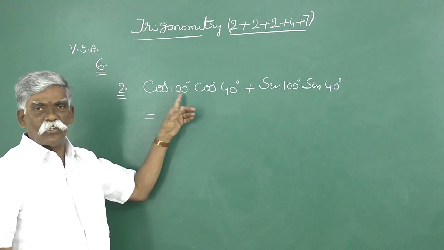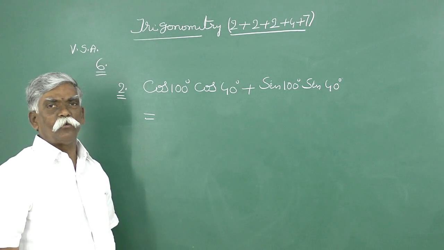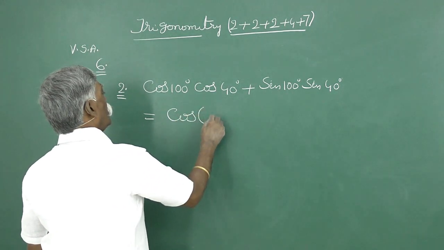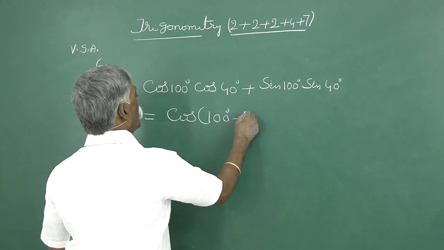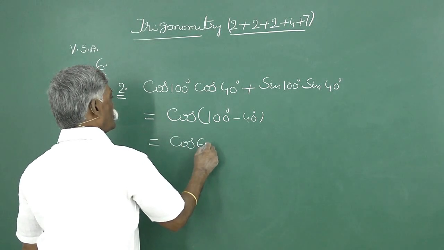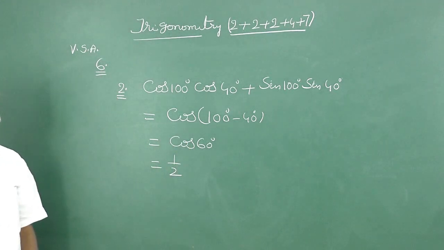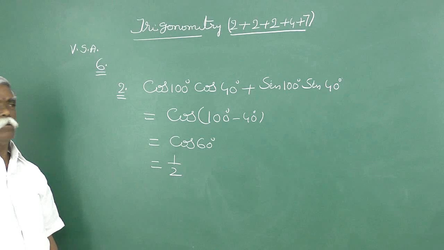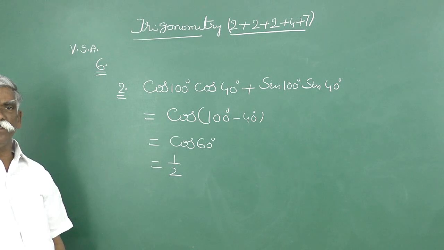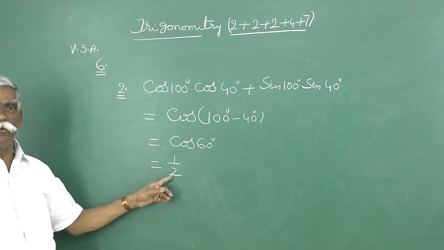This is in the form cos A cos B plus sine A sine B. Cos A cos B plus sine A sine B is equal to cos A minus B. So this is cos of 100 minus 40. So this is cos 60 and it is equal to 1 by 2. So cos 100 into cos 40 plus sine 100 into sine 40, which is cos A minus B, that means cos 100 minus 40 equals cos 60 equals 1 by 2.